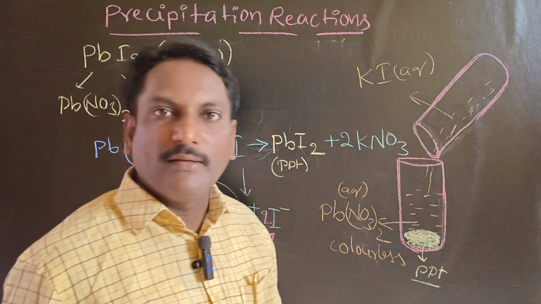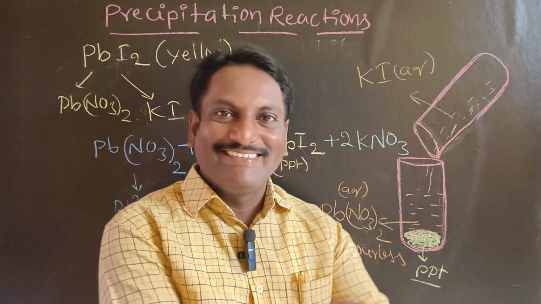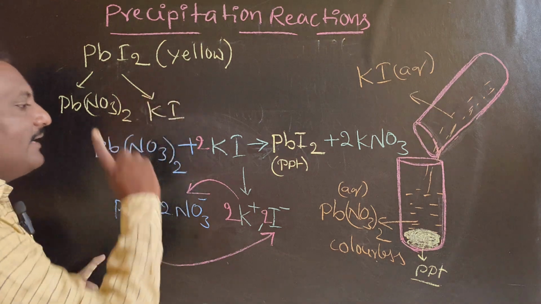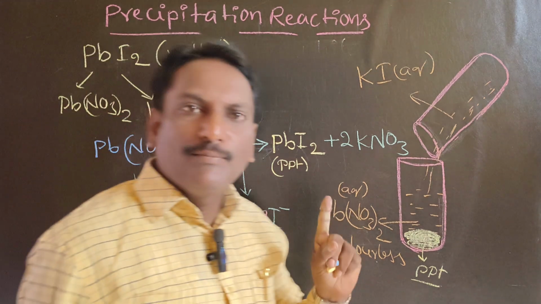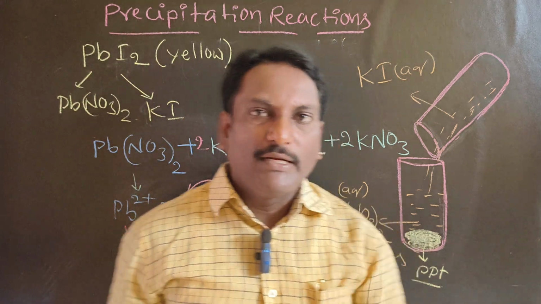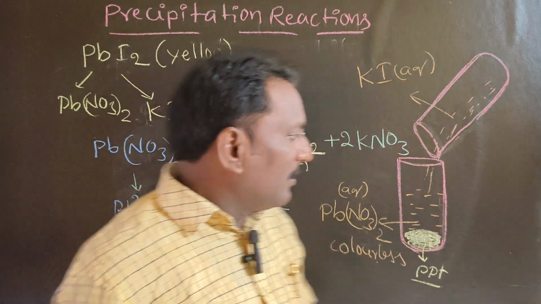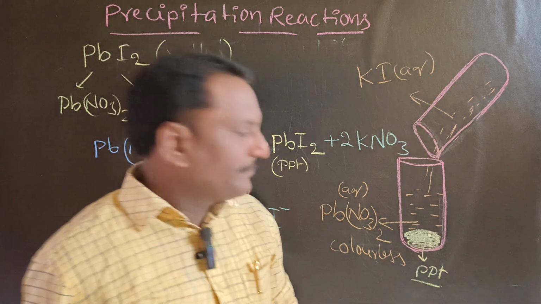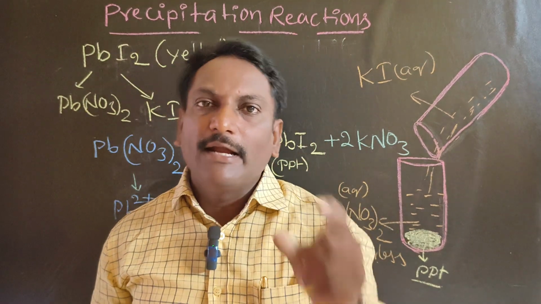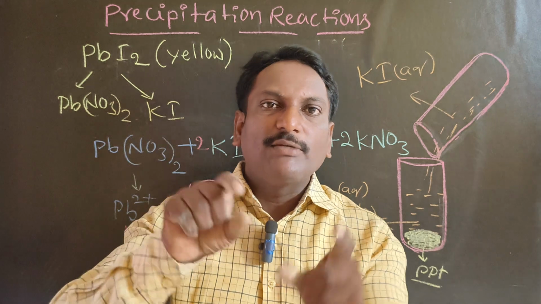Is it clear to you, my dear? Right. So, yellow precipitate of lead iodide. This is a very important example, because based on the color you will get a question in the examination. How will the question be? What will happen when lead nitrate solution is added to potassium iodide?